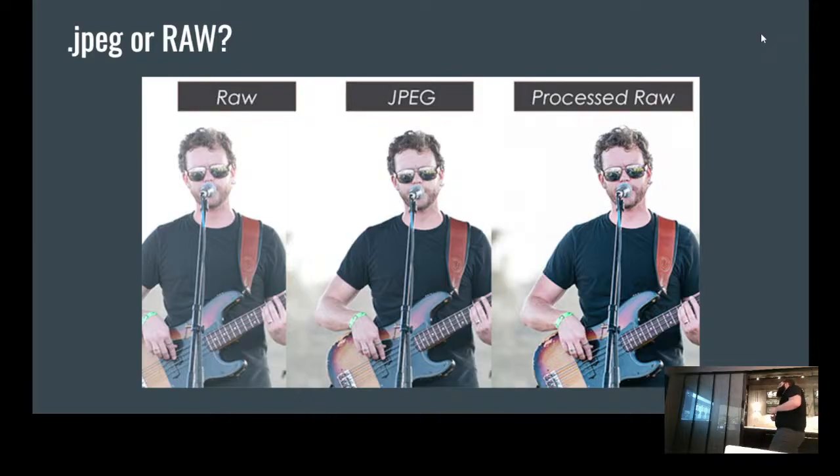JPEG, on the other side, has more information, more detail, and you can see the color difference right off the bat between the RAW and the JPEG. But if we look at processed RAW and we compare that to the JPEG, the processed RAW is phenomenal. The color pops, the shadows are good, there's more of a rosy color in the gentleman's skin, the guitar strap has more color and character and texture to it, same as the shirt.